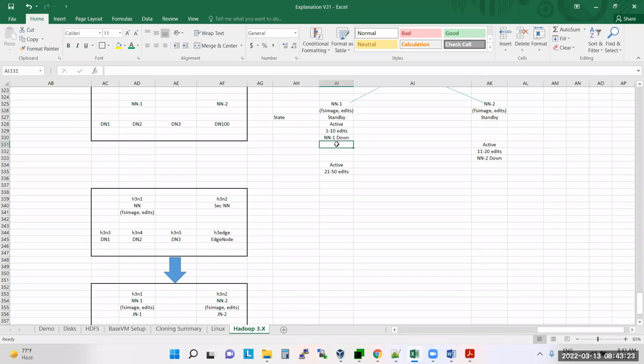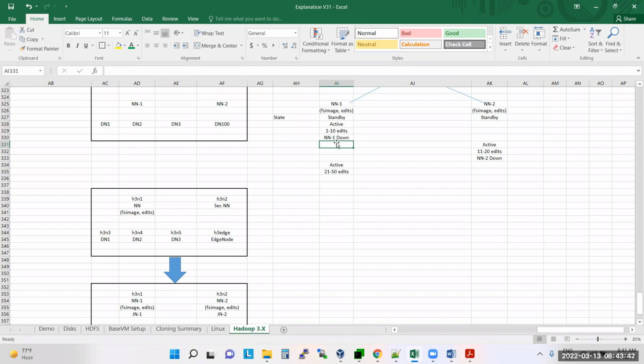One more question, Venkat. Even if this journal node is running on the name node 1 machine, name node 2 will have access to name node 1's journal node? See, a common place, the journal node, should be accessible by all the nodes.